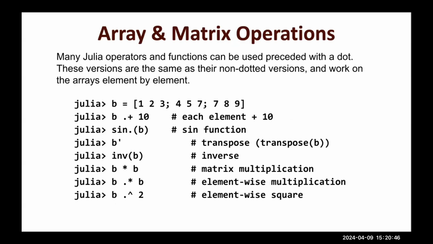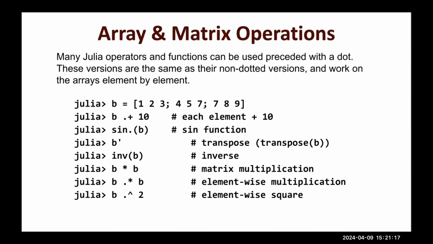With the dot operation, you can use b dot plus 10. What it does is automatically add 10 to every element of this b that you're using. Here b is not just a vector anymore. As you can see from the definition, b is a two-dimensional matrix. It's a 3 by 3 matrix. So 10 will be added to each element inside this matrix, and you get the result returned as a 3 by 3 matrix as well.